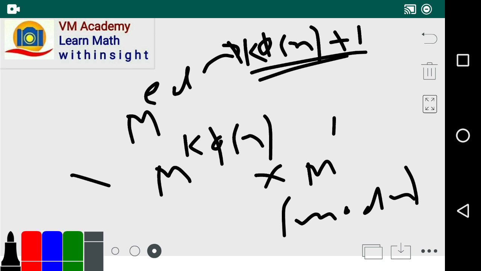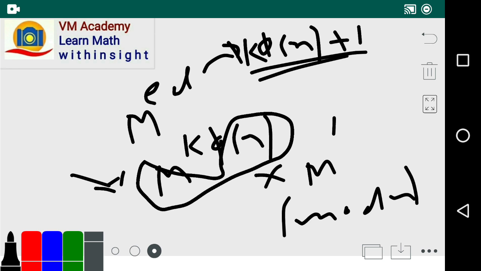The receiver will do this operation. Now we know that m raised to phi n is 1 when the GCD of m and n is 1, which generally is the case, friends. So m raised to phi n is nothing but 1, and 1 raised to the k power is also 1. So this becomes 1, and we get the original message.